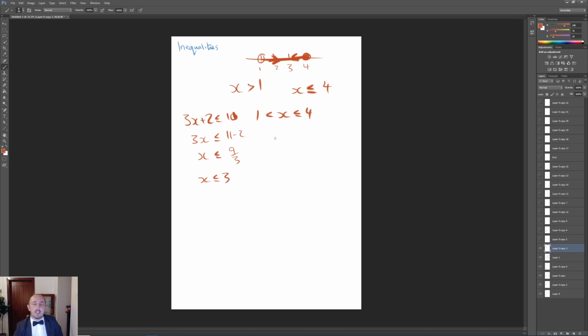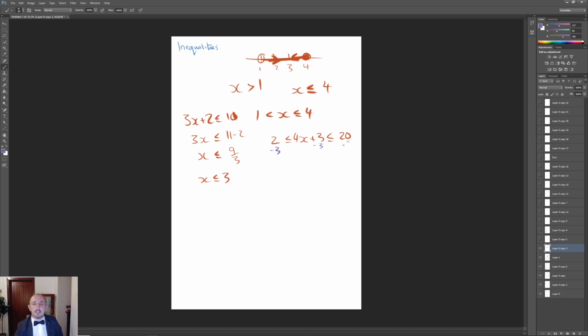Sometimes they'll do things where you have like a 2 is less than or equal to x plus 3. Let's put a 4x there. Less than or equal to 20. And it asks you to solve these. So we can just treat these separately. If I ignore this right hand one here and I've just got the 2 less than or equal to 4x plus 3, I'm going to subtract 3 from both sides.